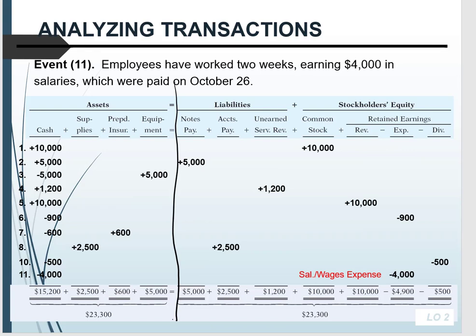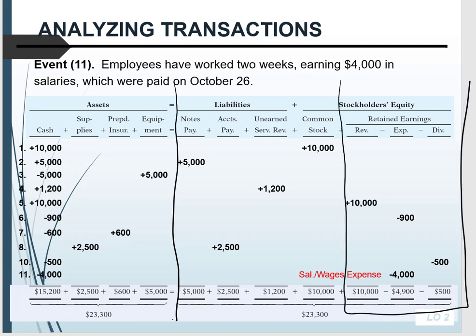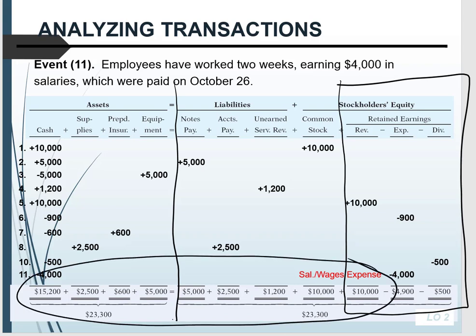So now we've gone through a series of transactions. Now you can create the balance sheet and the income statement. The income statement is created here, and then the balance sheet covers the rest. Retained earnings is part of the balance sheet. These other line items would be the totals of your assets.